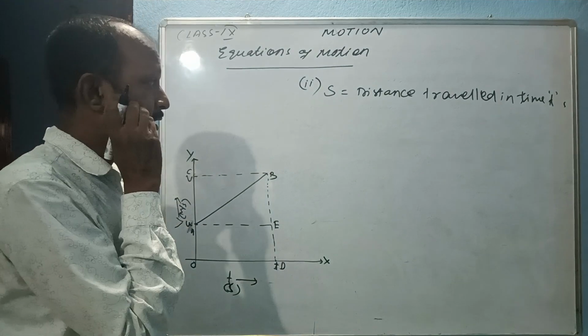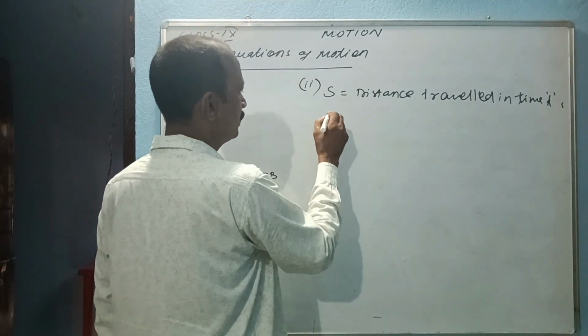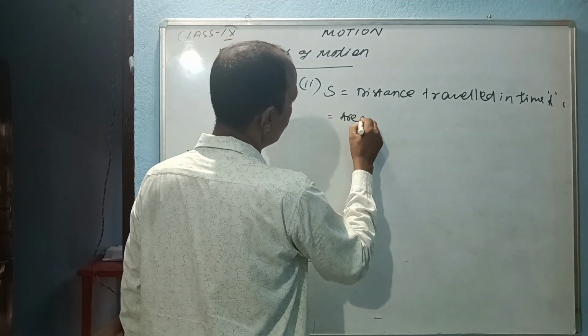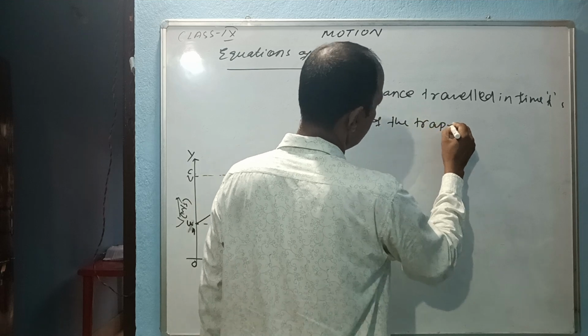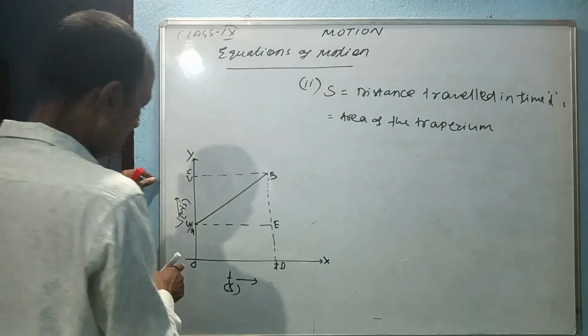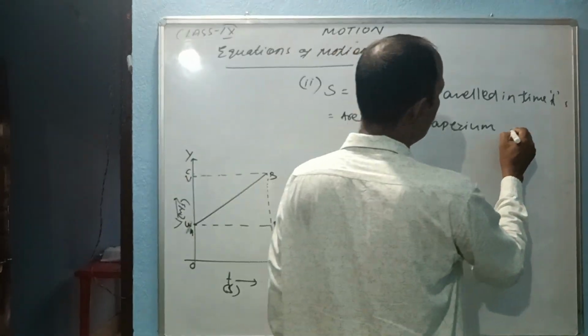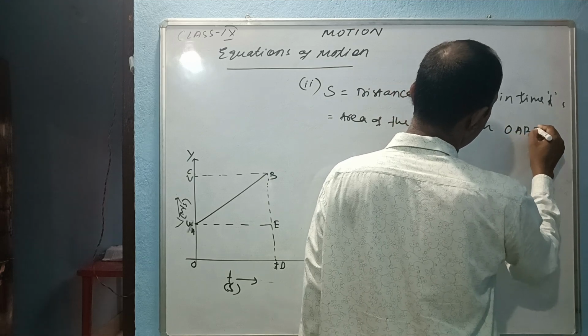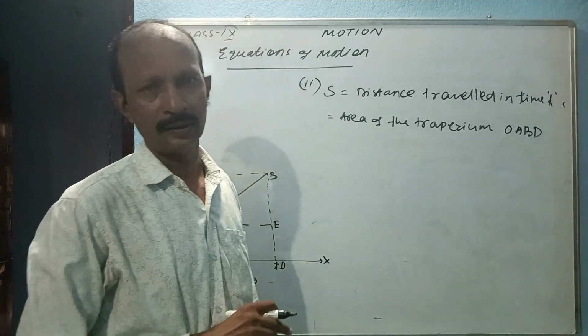S is the distance traveled in t seconds, that is equal to the area of the trapezium. Which trapezium? OABD. I have written the distance traveled in time t seconds.